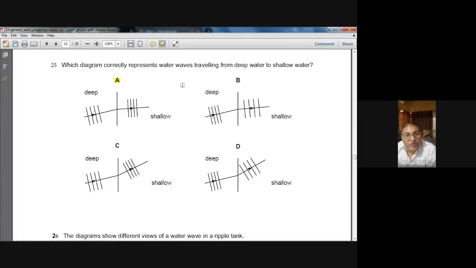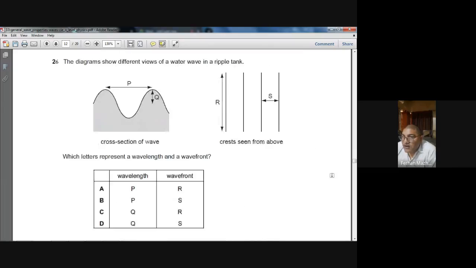Very important question. On your screen, the diagram shows different views of a water wave in a ripple tank. Which letter represents a wavelength and a wavefront? These lines represent wavefronts.